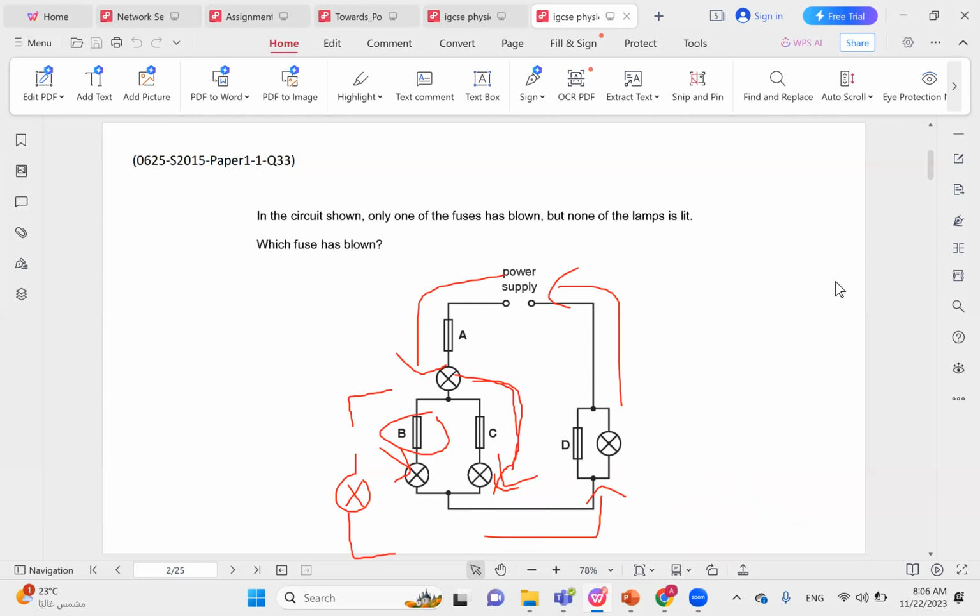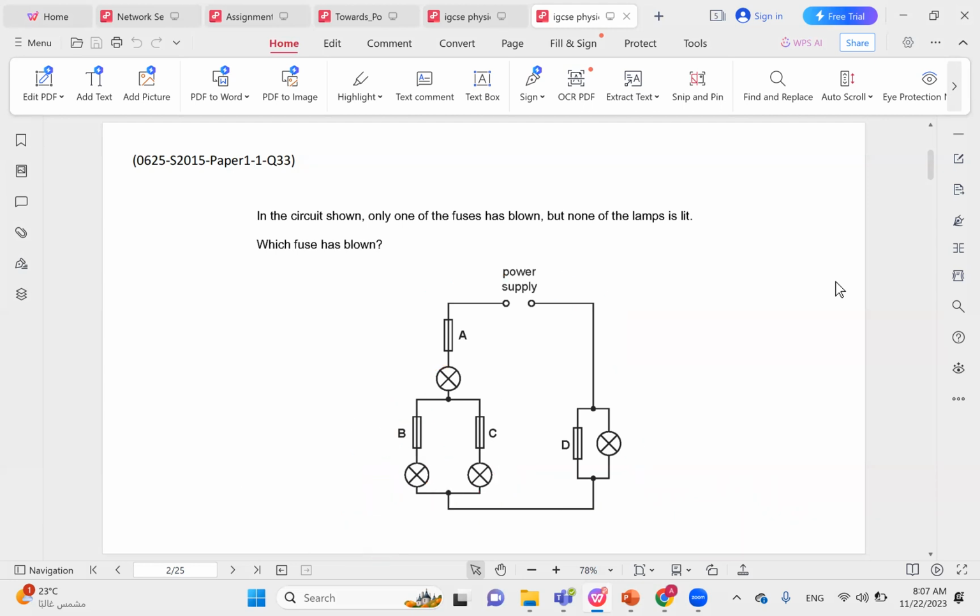So here in this case, the lamp beneath A will light up, the lamp beneath C will light up, the lamp here at D will light up as well. Only the lamp at B does not light up. So of course, this is the wrong answer as well. Similarly, if we remove fuse C, all the lamps will light up except for the lamp beneath C.